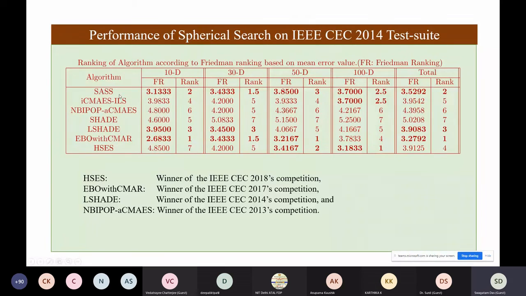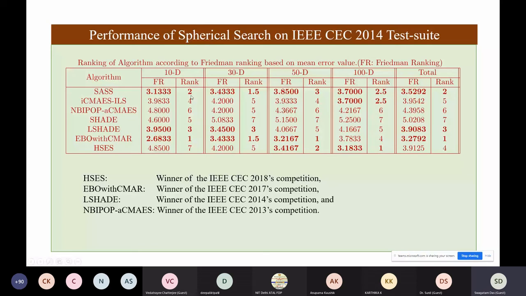In fact, for this set of problems, it is always attaining a good rank. Not always the top rank, but still quite commendable, because these are all winners of the previous years' CEC competitions, and this is a new algorithm.